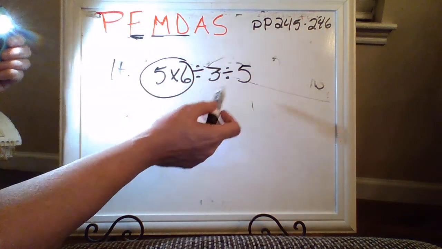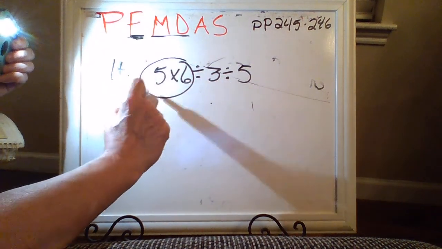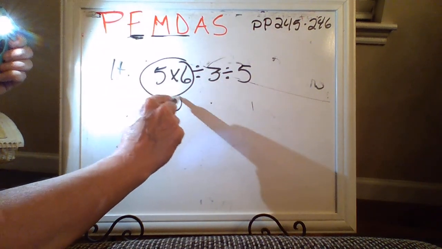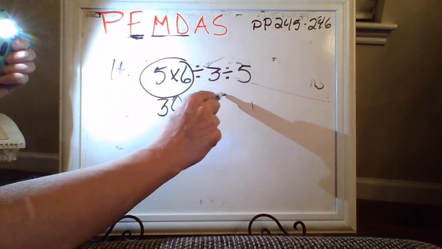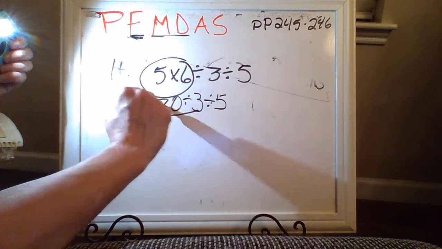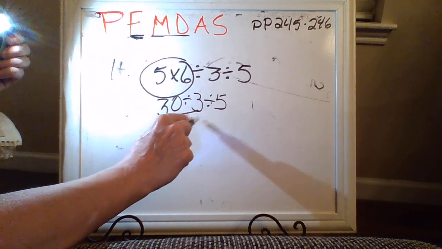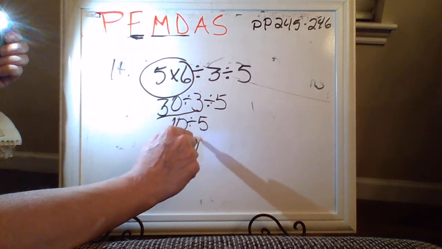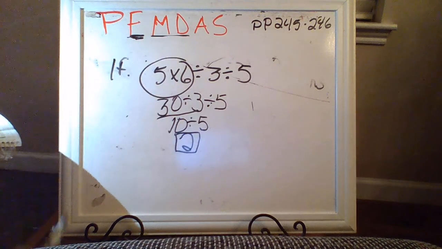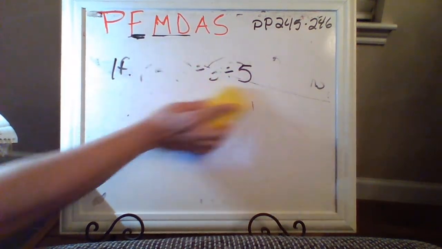Remember it's multiply or divide, whichever comes first from left to right. So I have 30 divided by 3 divided by 5 left. Then I do this one. 30 divided by 3 is 10. 10 divided by 5 is 2. So your answer should be 2. Then your last one on 1G.